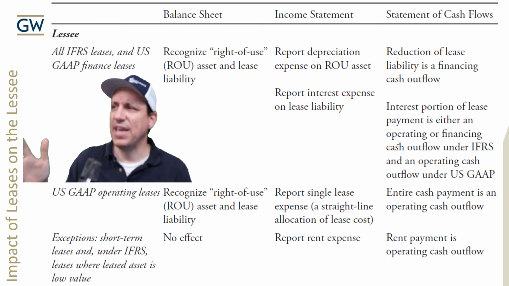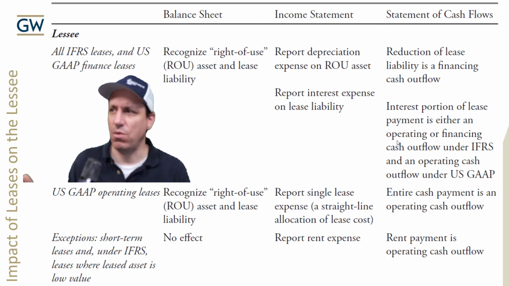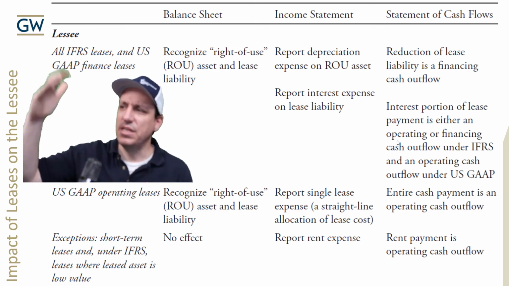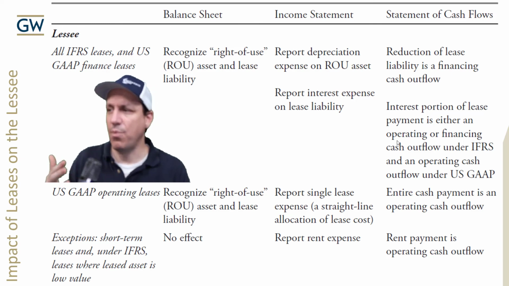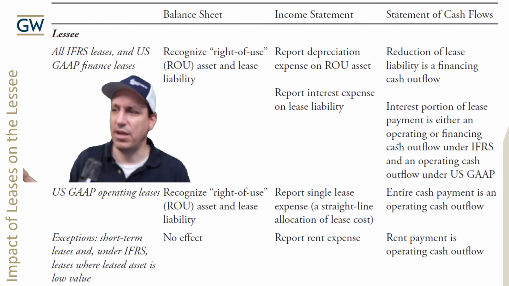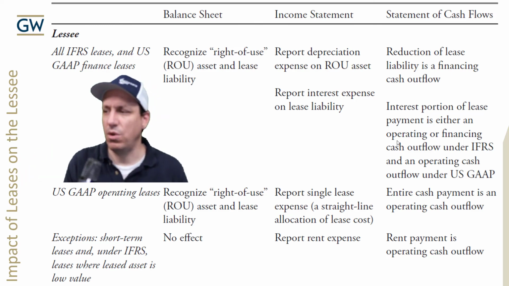On the statement of cash flows, the reduction of lease liability is a financing cash outflow. All right, so as the lease liability goes down, it's a financing cash outflow. The interest portion of the lease payment is either an operating or financing cash flow under IFRS and an operating cash flow under US GAAP.